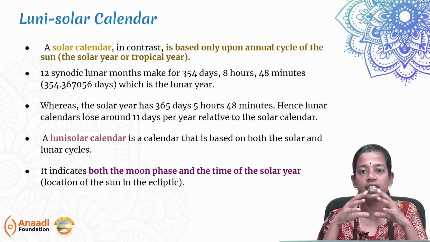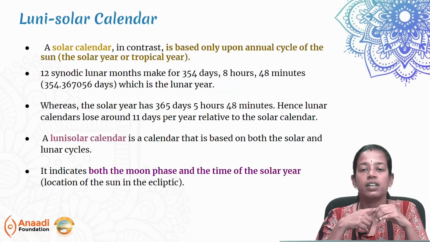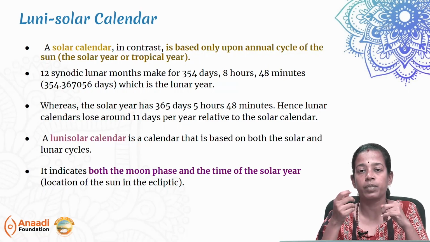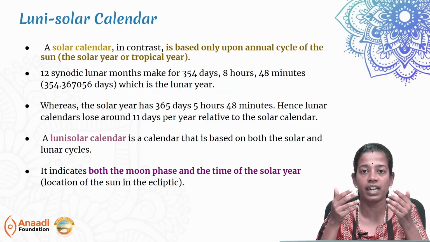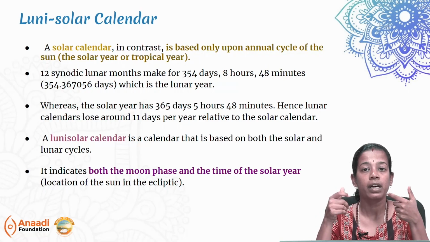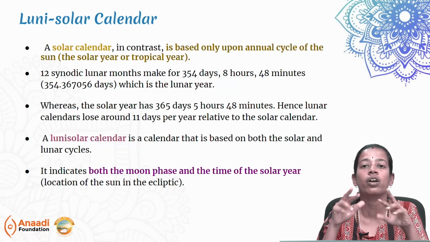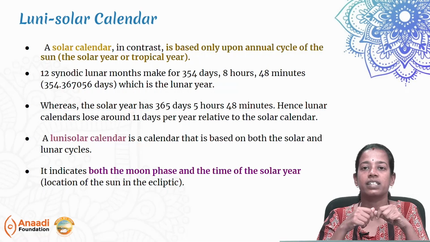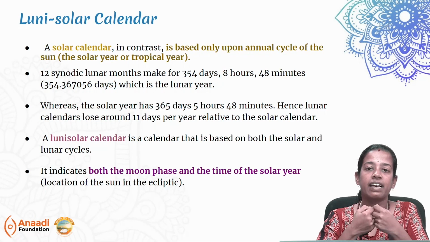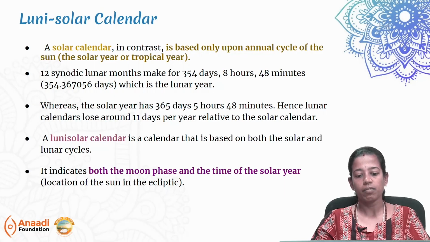So, the solar year is where we calculate one full revolution of Earth around the sun, but the lunisolar calendar is being mapped and will include 12 synodic months. The synodic lunar months will be calculating the moon cycles and they will have roughly about 354 days, 8 hours and 48 minutes.